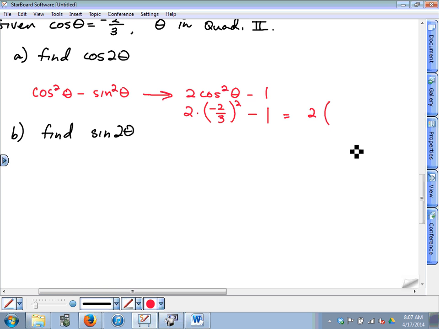So this is 2 times, when you're squaring a fraction, remember you have to square the numerator and the denominator. It becomes 4/9 minus 1. This turns into 8/9 minus 1.